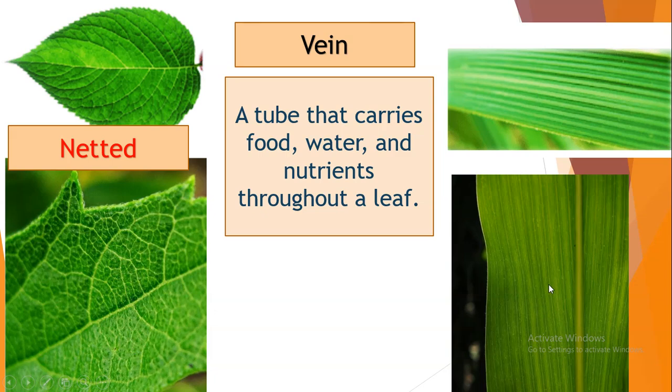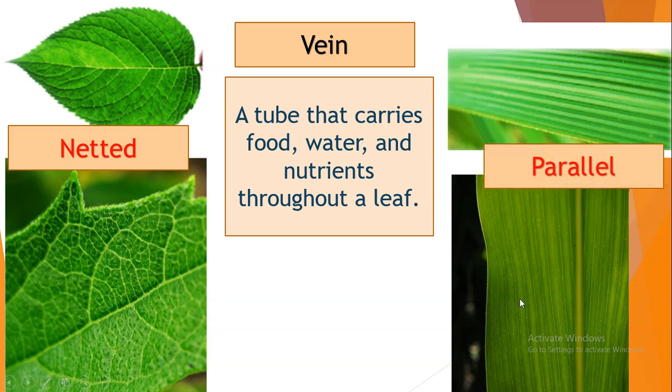What about these two pictures? Look at the veins. They are veins that run in straight line next to each other. So these are parallel. Parallel veins are veins that run in straight line next to each other. Knitted, parallel.